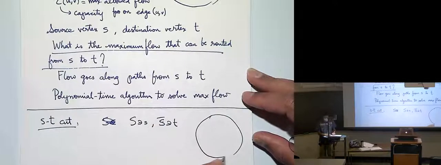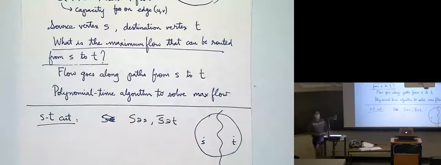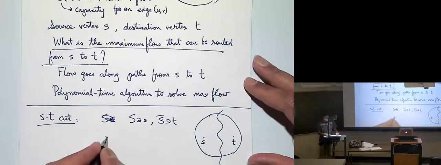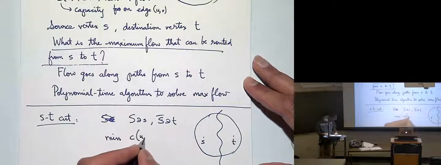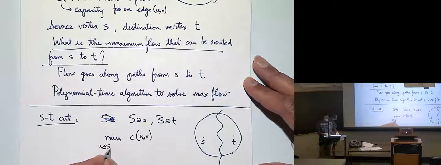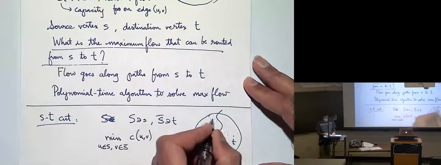So what you want to do is break up the graph into two parts, one part containing S, the other part containing T, and minimize the capacity of UV, where U is in S and V is in S complement.